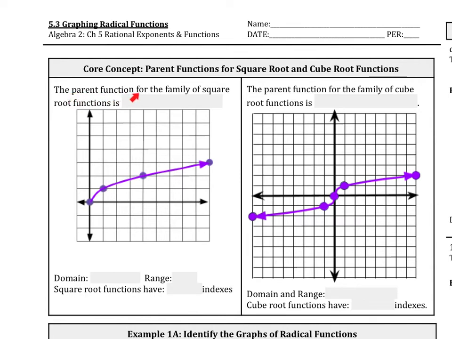So the parent function for the family of square root function is square root x. So this is the parent function. So let me use the same color we made a graph of. So this is the parent function.